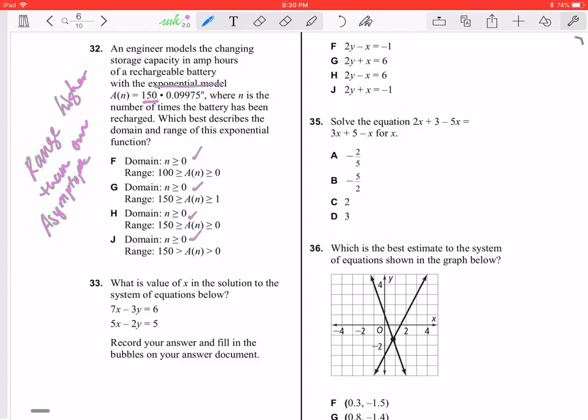So that means our range needs to be greater than 0. So it won't be this one here. Okay, it won't be G, because that says greater than 1.